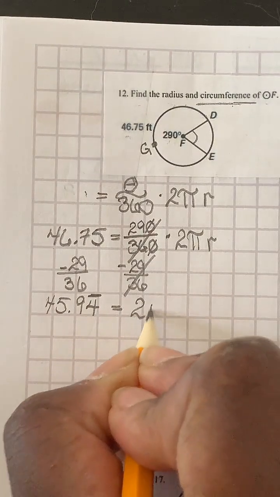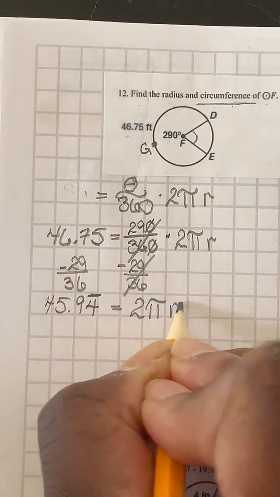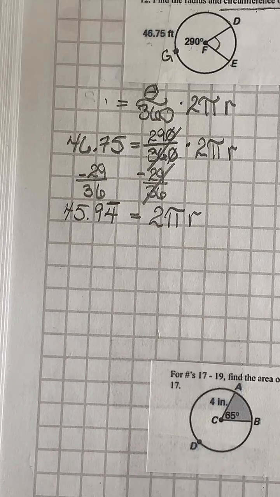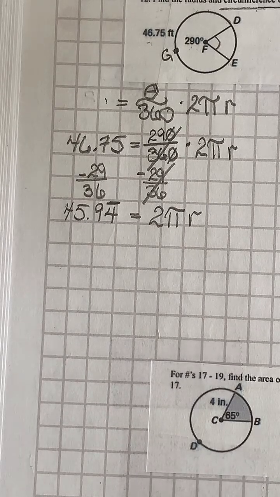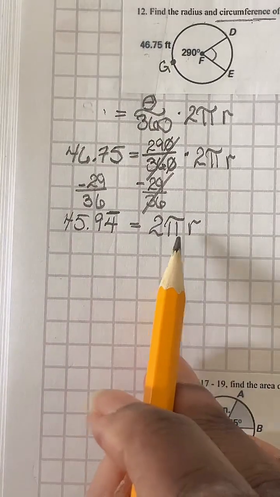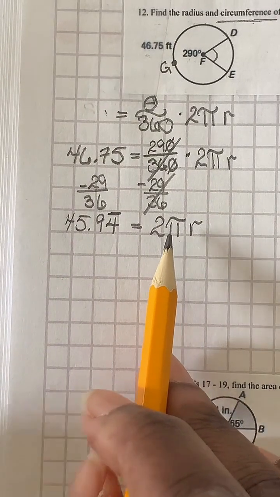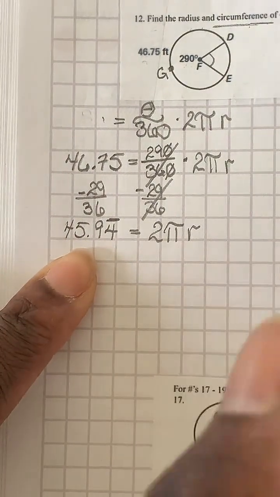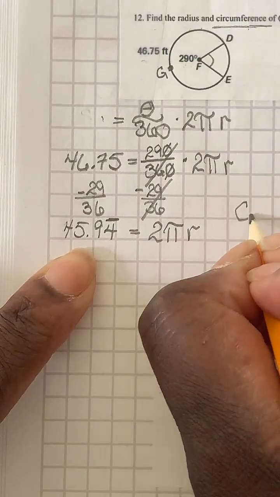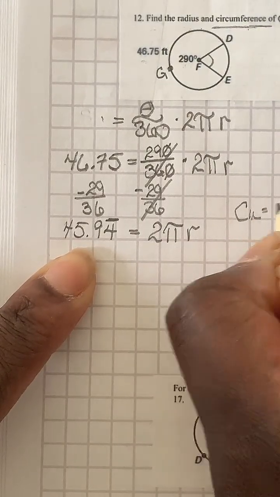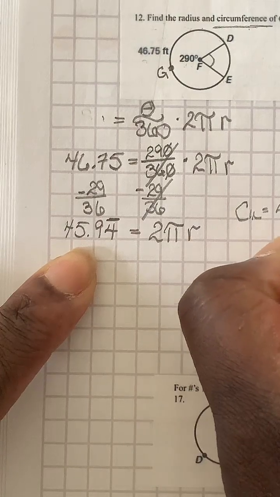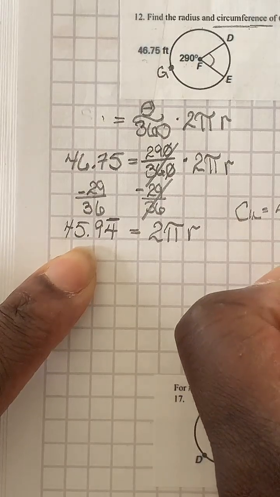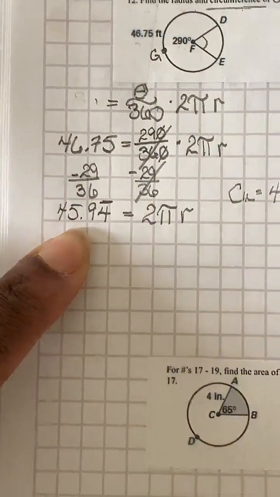That's what 2 pi r is going to represent. 2 pi r sounds familiar. 2 pi r is your circumference. So you can honestly just sit here and say, oh, my circumference is going to be 45.94, and they used feet for the circumference.